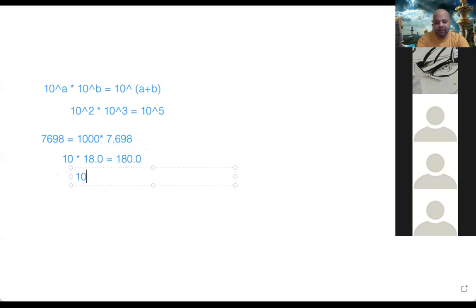Similarly, 10 multiplied by 18.1, which means 18.10, we shift it and get 181.0, right? Is this clear? This is simple, it just follows. If it is not clear, then please tell.